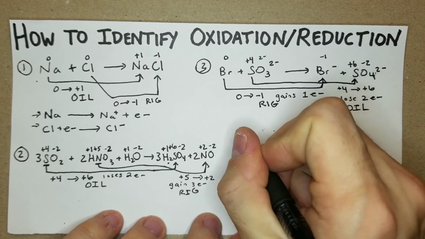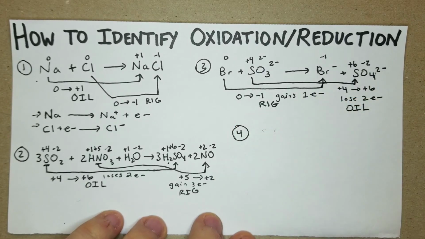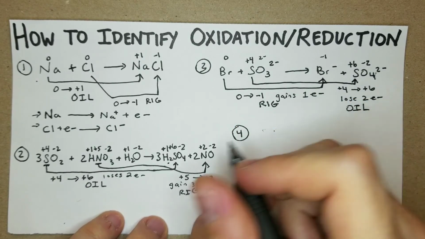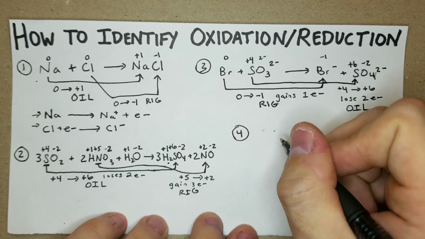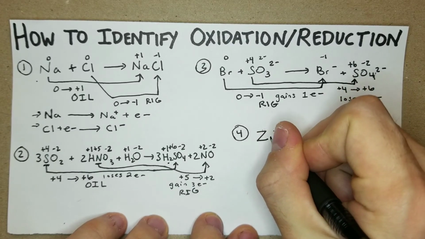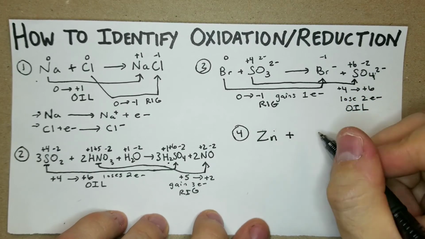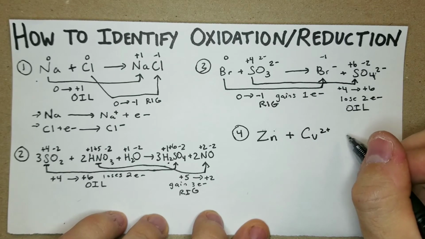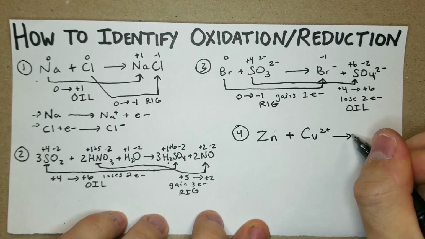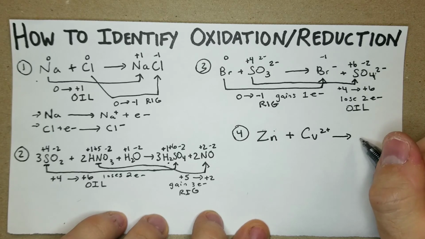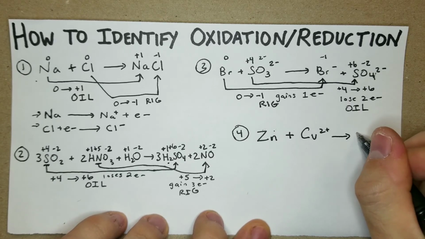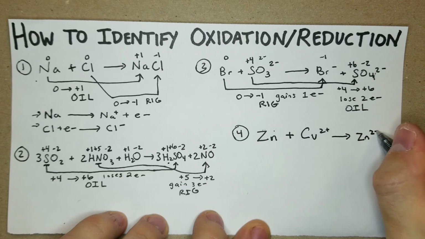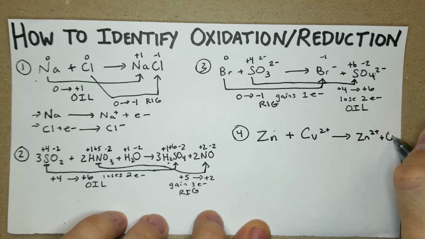We'll do one more problem on this to wrap these up. In this one, again, I'll split it like we did with the first one just to give some extra practice. Zn plus Cu 2 plus yields Zn 2 plus Cu.